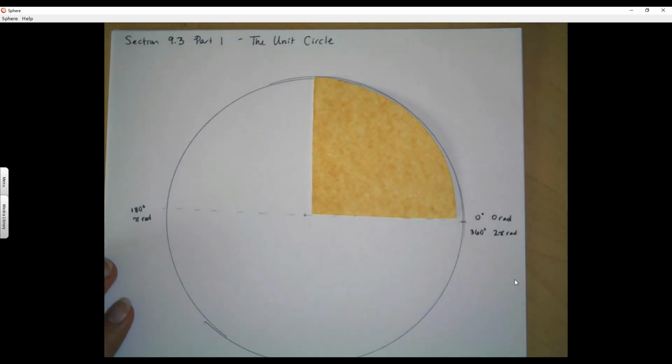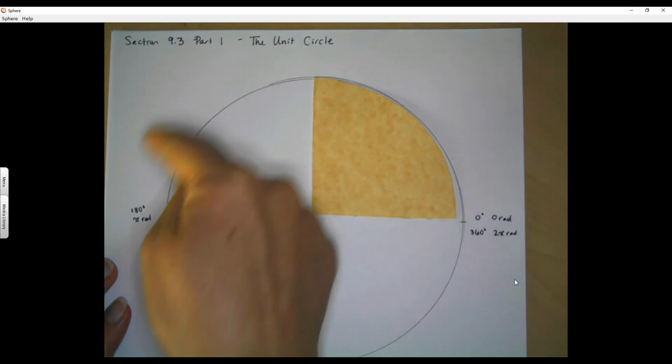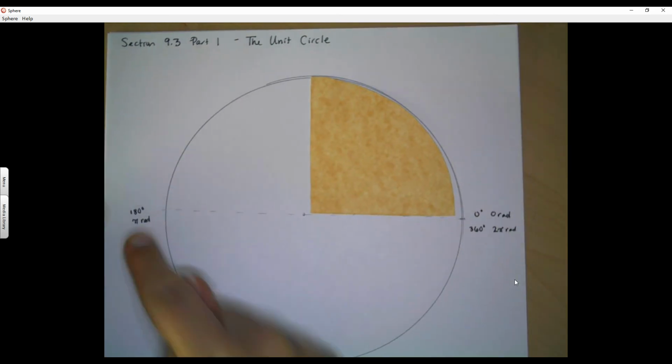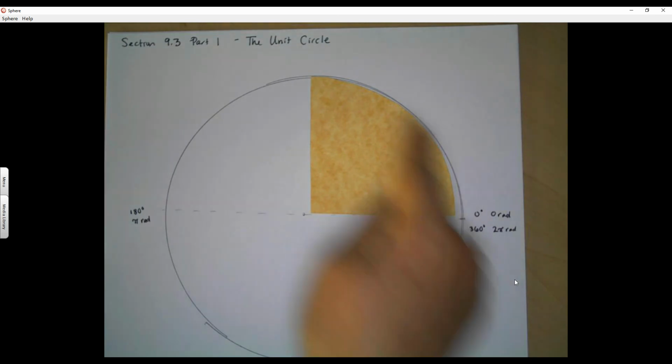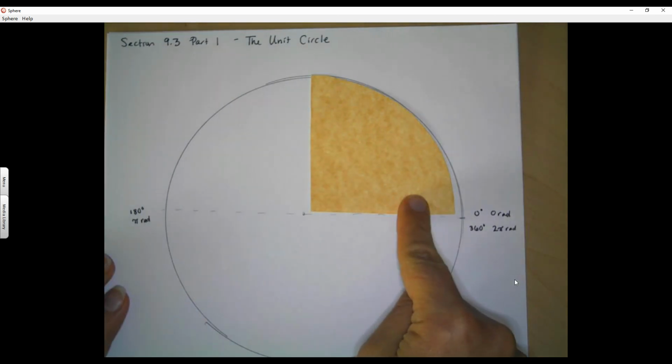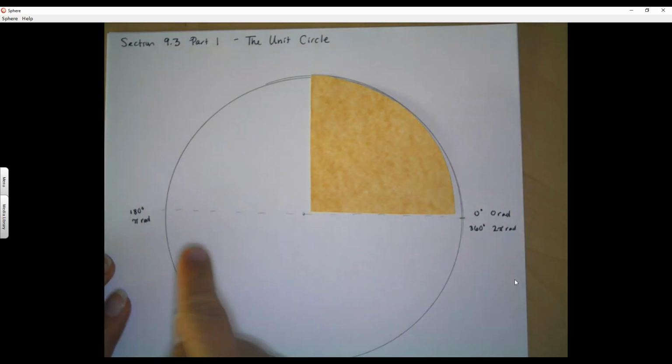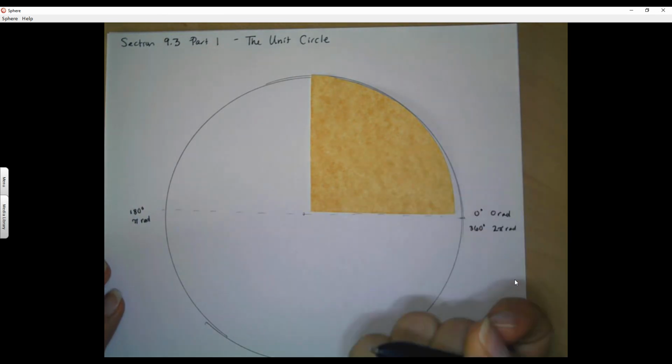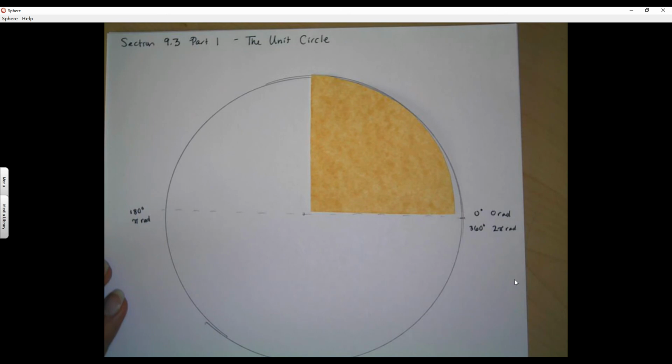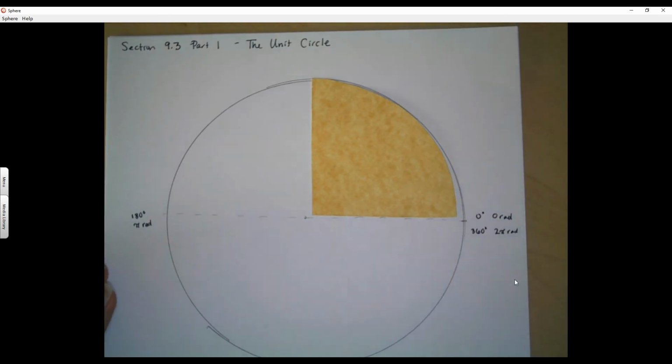Okay. So if this is 1 pi, then this little piece right here is half of that. I should back up.